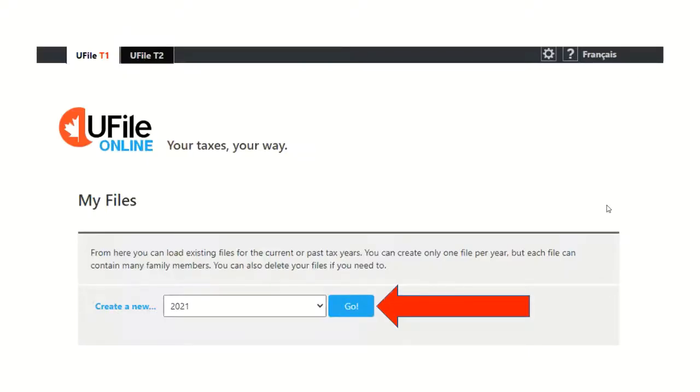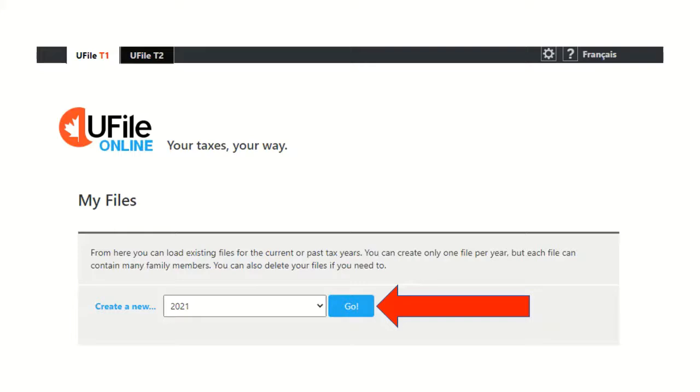Now again, as I said, once you create the account in this software, Youfile, this is the first page that will appear on your side. As I said, we wanted to submit our tax for 2021. But please know that you can submit your tax return for earlier years as well.